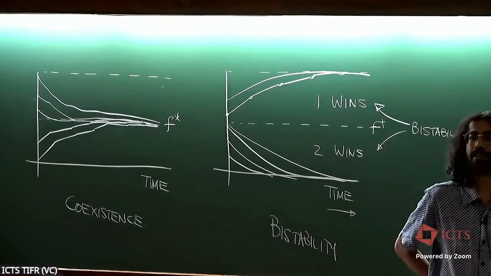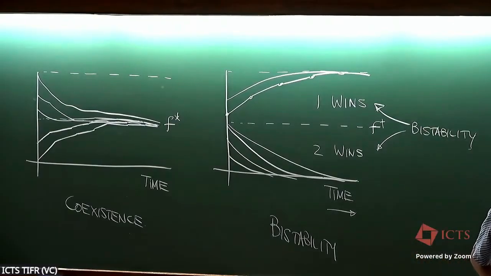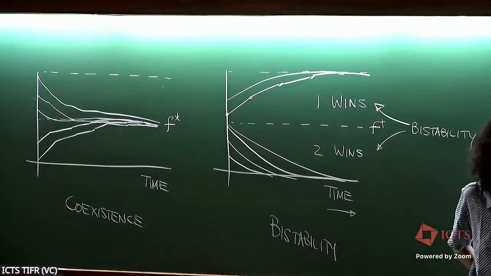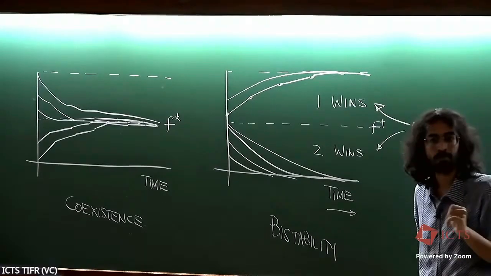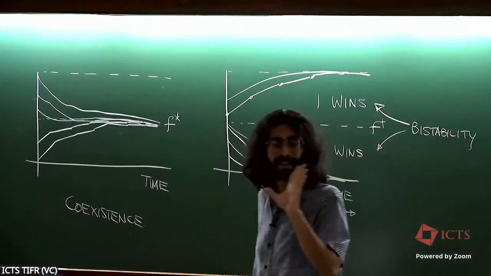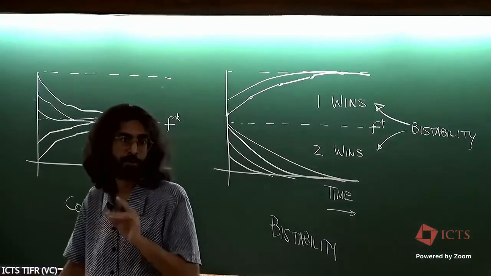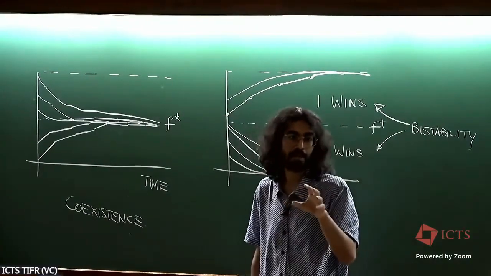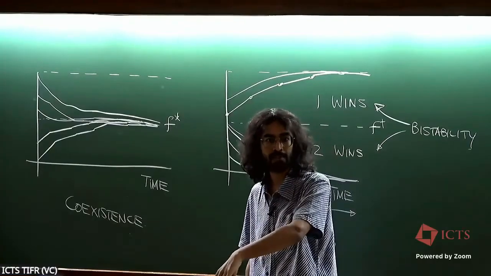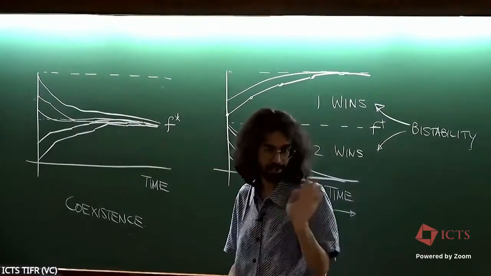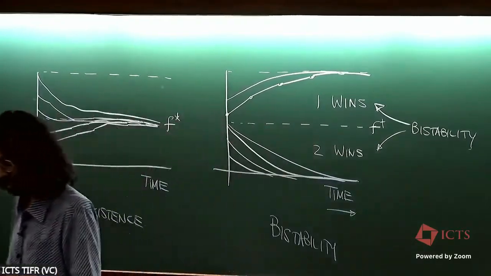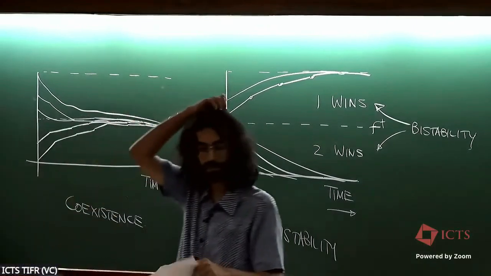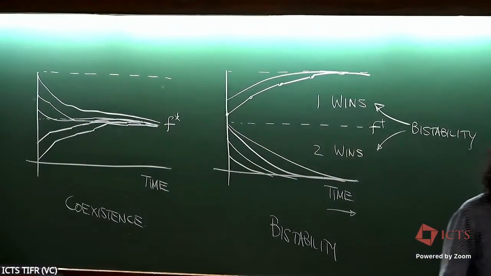So again, I'm just trying to tell you that there are other possibilities that could have happened that, at least in terms of curves, are not disallowed. That's usually not what you observe. There are actually one outcome that people have seen where you do observe this bistability where one species wins or both species coexist, but we're not going to worry about that peculiar outcome because that's something peculiar about the biology. Okay, so these are really the kind of outcomes that you see.